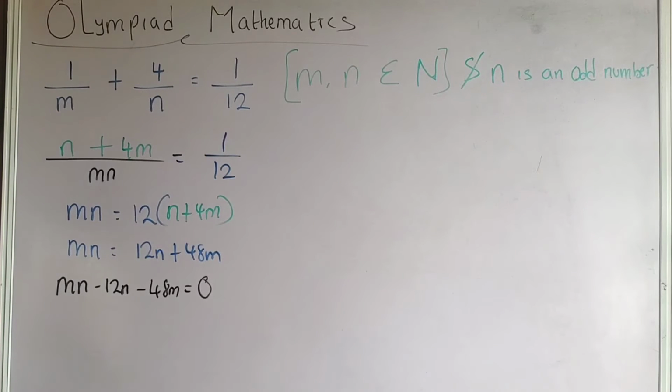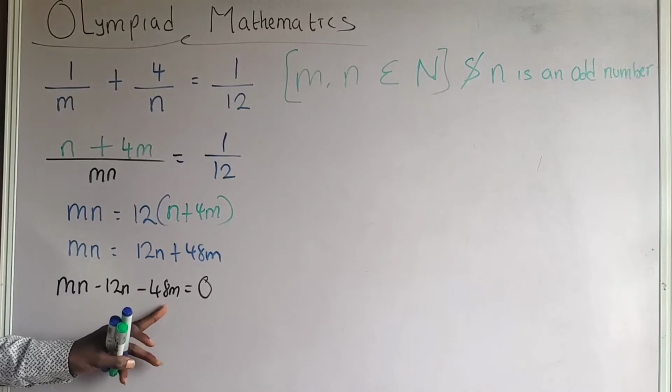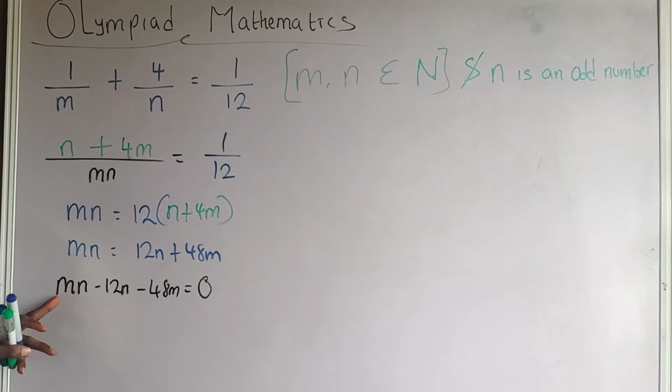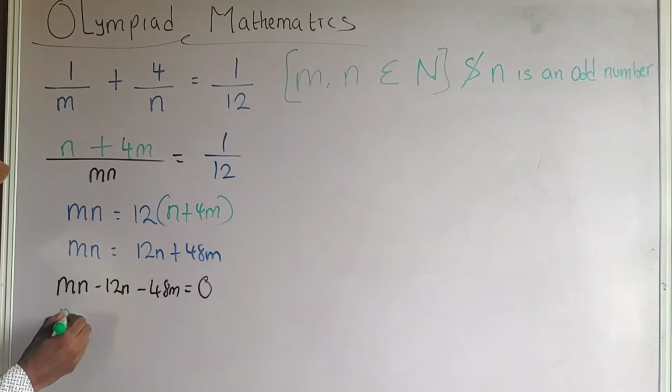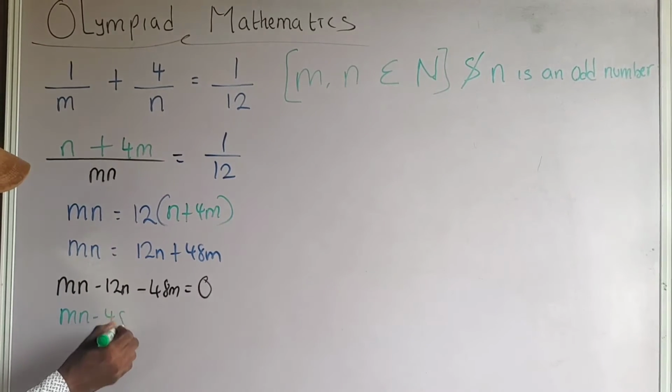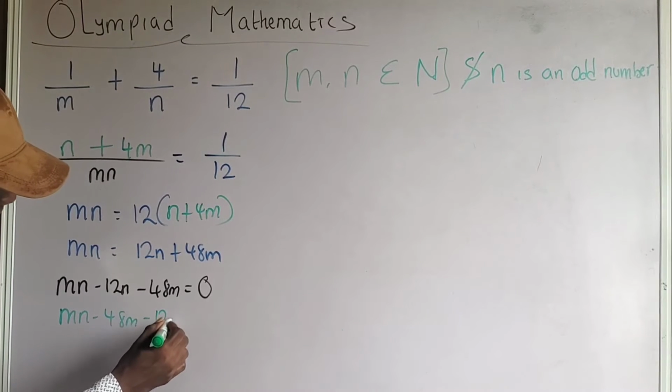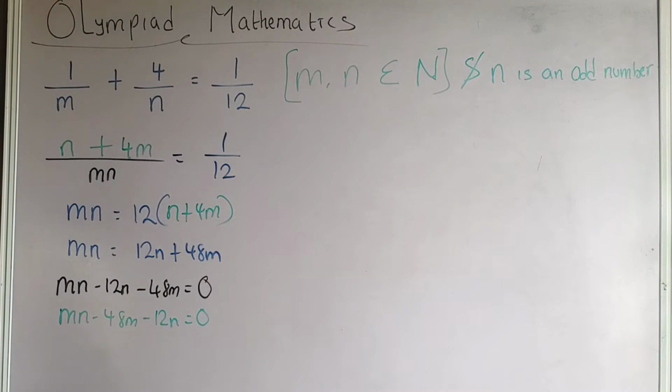Now, please, I want you to pay attention. You know that mn, what is common to both mn and negative 48m? The common term is m. So I can rewrite this expression as: mn minus 48m minus 12n equals to 0. Now look at this. Let us factorize this.